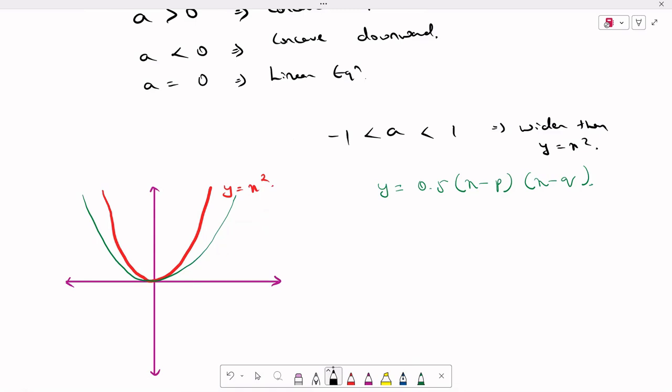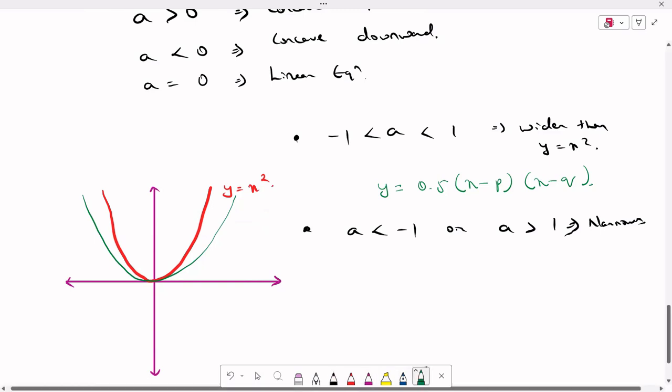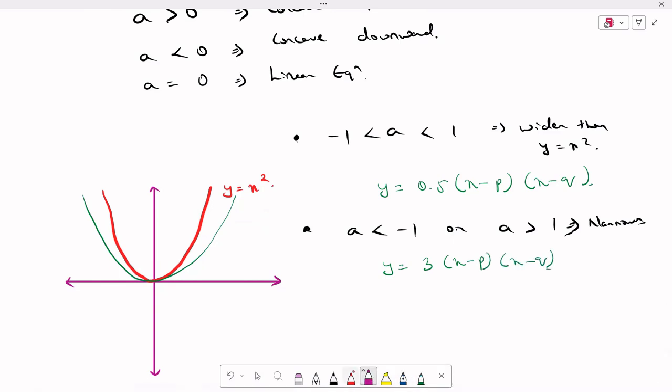But on the other hand, if a is less than -1 or a is more than +1, then the graph is narrower. What do I mean by that? It means if I have an equation that looks like y is equal to 3 times (x minus p)(x minus q), then its graph would look something like this.